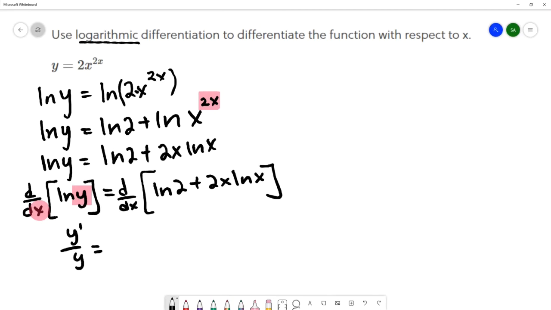And so I'm going to calculate the derivative, and that is derivative of natural log 2 is 0, because it's a constant, and the derivative of 2x natural log x, I need to use the product rule since we have a variable in the factor of 2x and a variable in the factor of natural log. So that's the first times the derivative of the second plus the second times the derivative of the first.